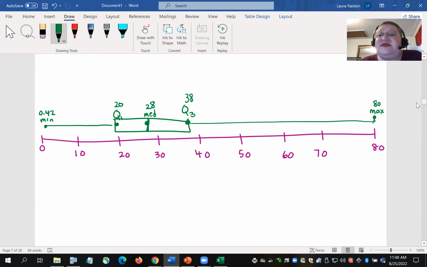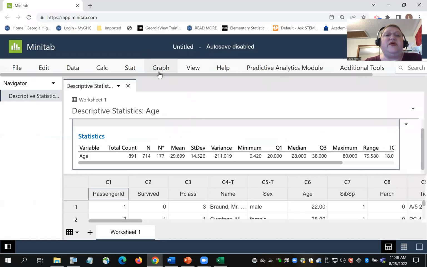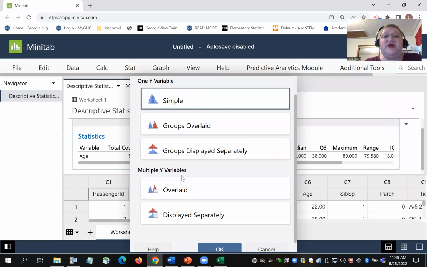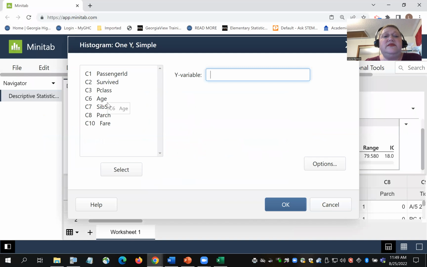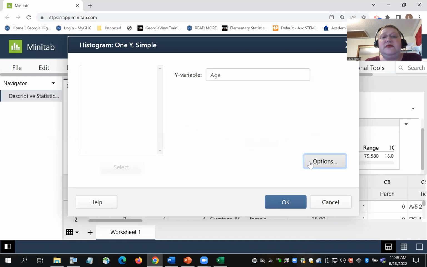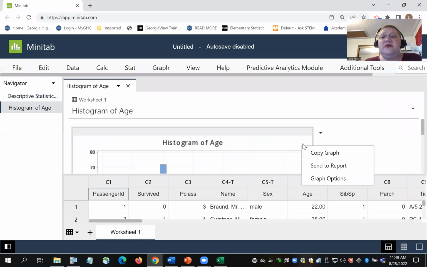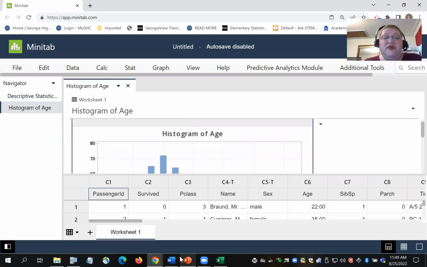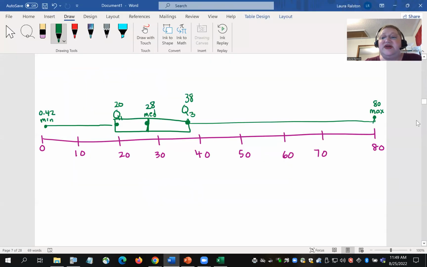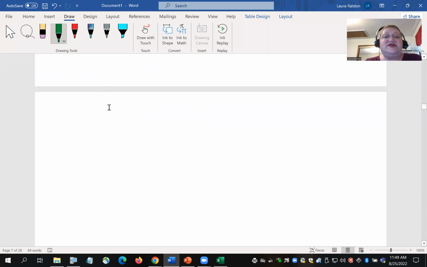Now, let's think for just a minute. Remember last class, and I'll go back and recreate it real quick. We looked at the histogram for the ages. Do you remember what we said in terms of this histogram?